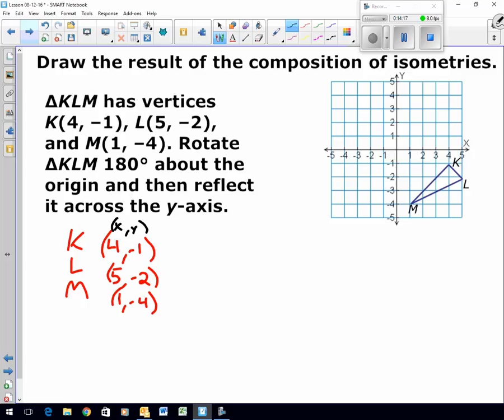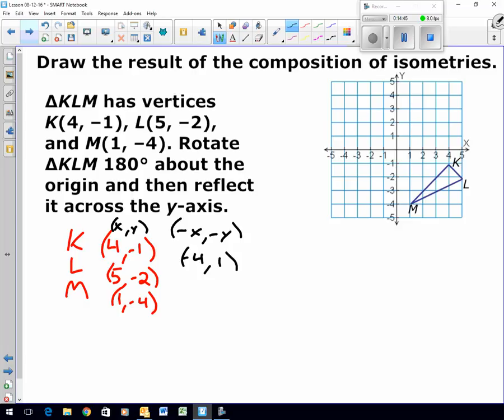Yes, DJ. Is this the one where you break the line and the x is the same? Nope. It's not. We're on the rotation first. I take the opposite of x, the opposite of y. So if K started at (4, -1), it goes to (-4, 1).